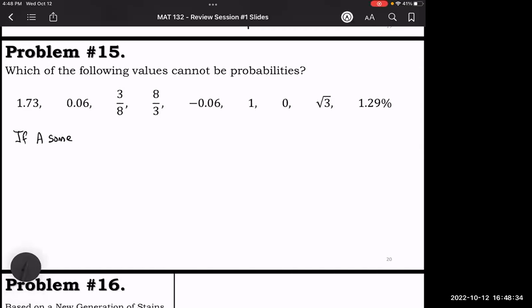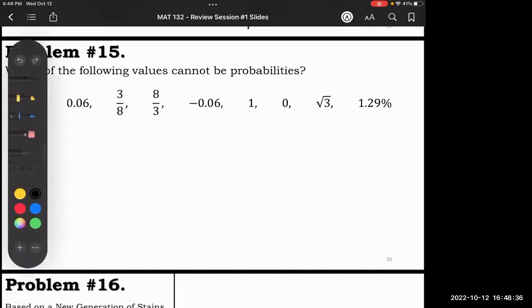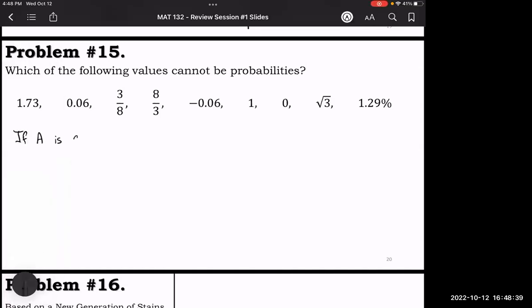If A is some event, then the probability of A, denoted as P of A, is between 0 and 1.